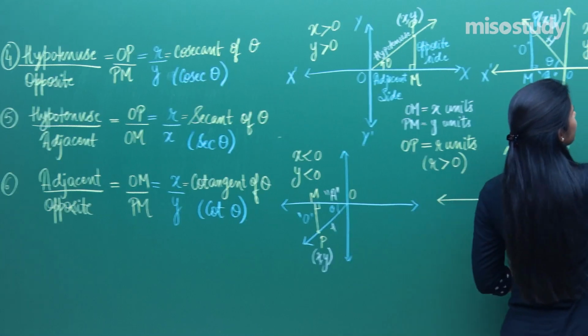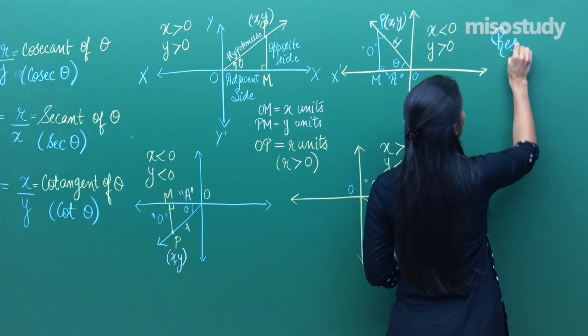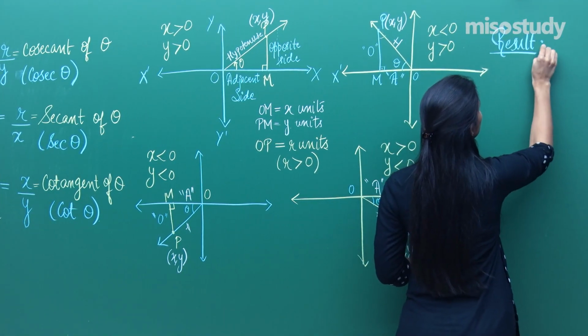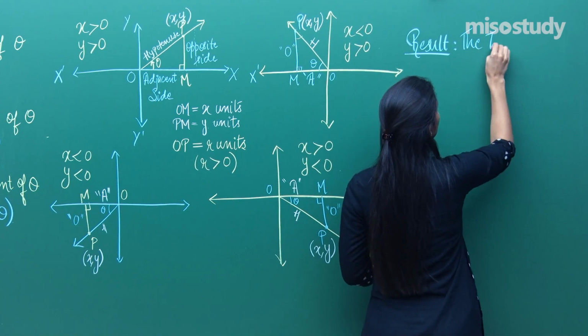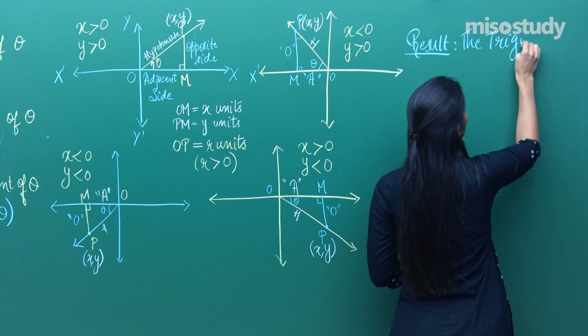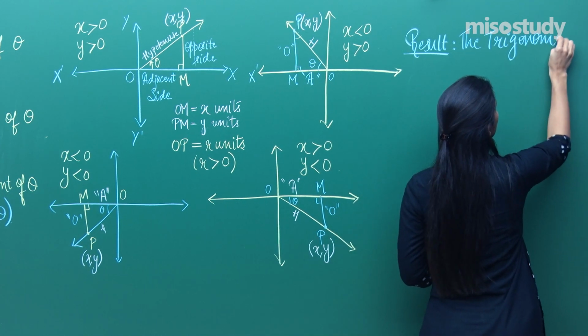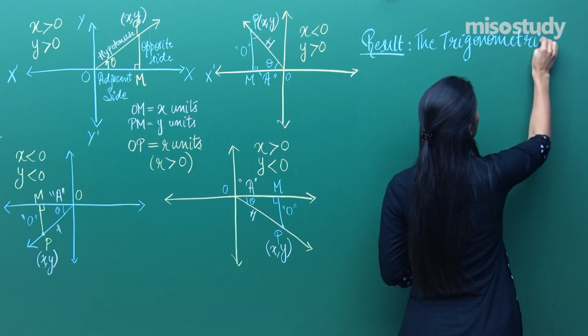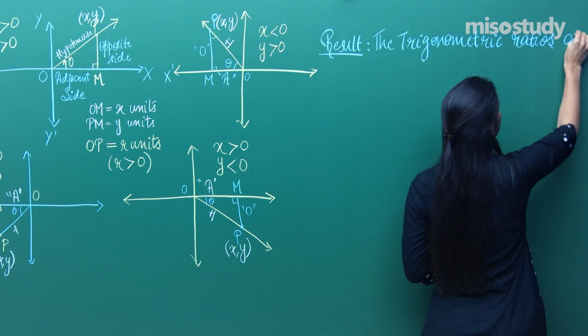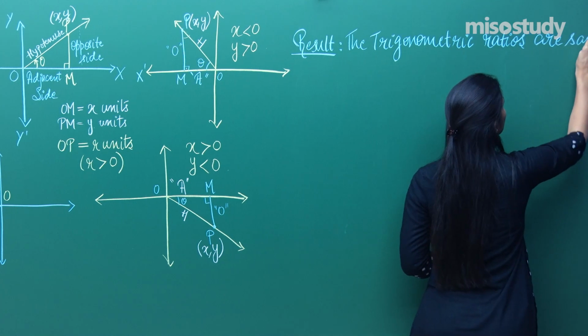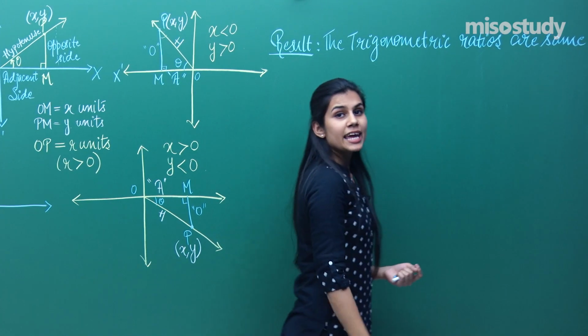The result says that the trigonometric ratios are same for the same angle.